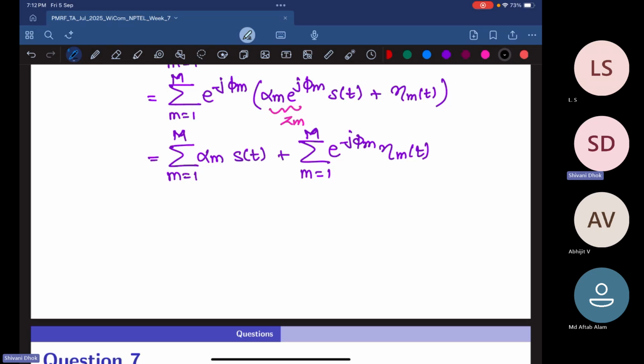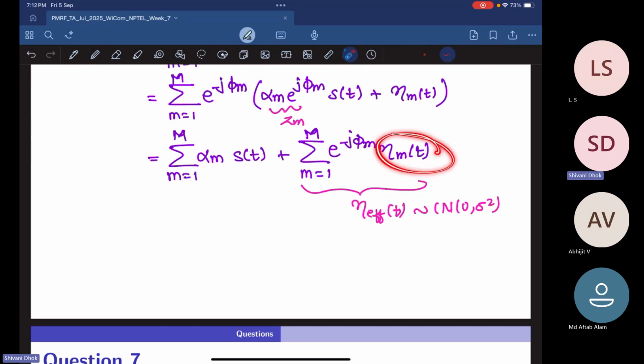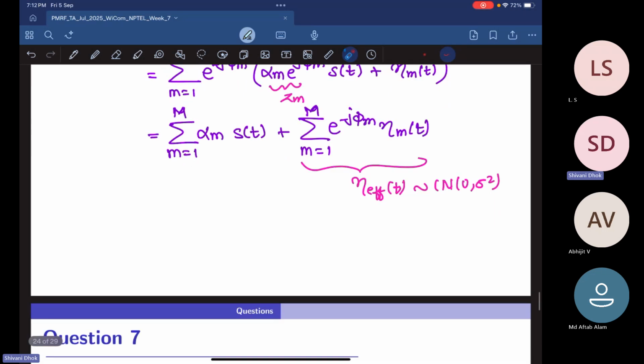I'll just write this as some eta effective of t, and let's say this is defined as CN(0, sigma square). It is the addition of complex Gaussian random variables, a linear combination, so this will also be a CN random variable with some variance sigma square, and we'll find out what this variance is in some time.